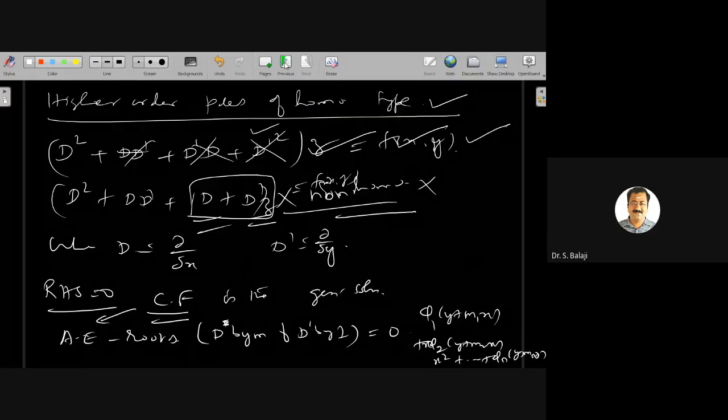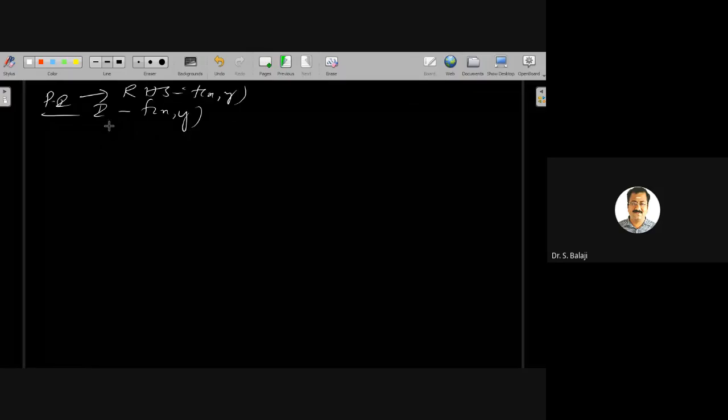What is the idea? The particular integral will have five different cases here. Case 1, type 1, depends on the RHS f(x, y). The first type is when f(x, y) is an exponential function.